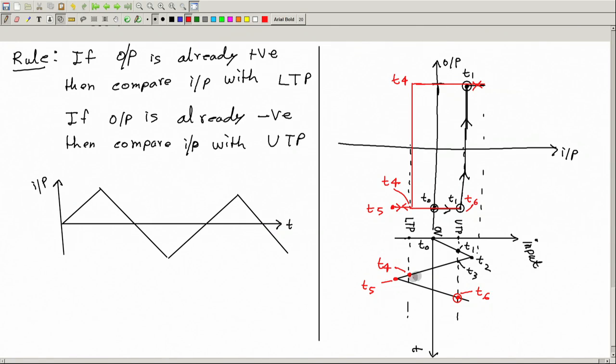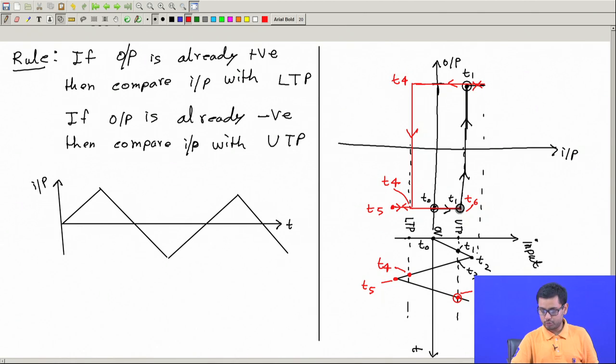So this is how the input is changing, and if I draw the input versus output characteristic, this is how it looks. Let me put arrows showing how it moves. Let me summarize. As the input increases, the output initially remains negative, then at some point it switches to positive suddenly, like this.